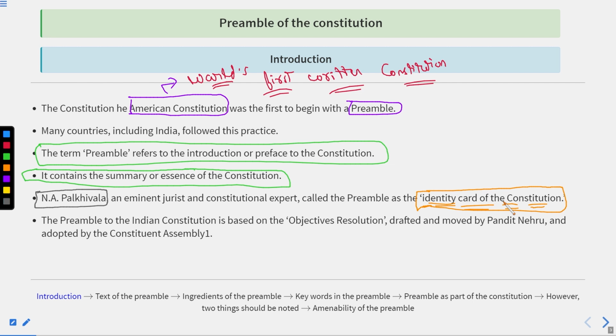The preamble to the constitution is based on the objectives and resolutions drafted and moved by Pandit Nehru and adopted by the Constituent Assembly.